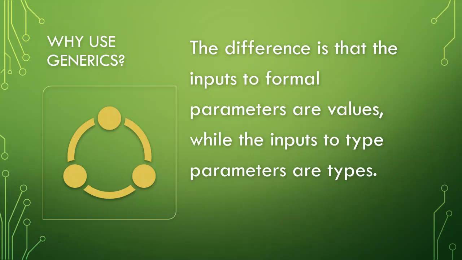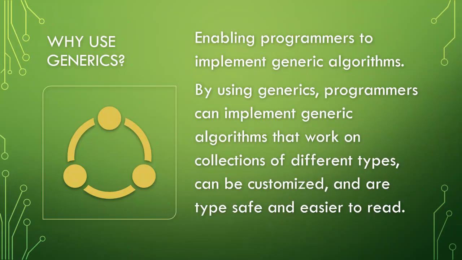The difference is that inputs to formal parameters are values, while the inputs here are types when you're dealing with generics. So generics enable programmers to implement generic algorithms that work on collections of different types, can be customized, and are type safe and easier to read.